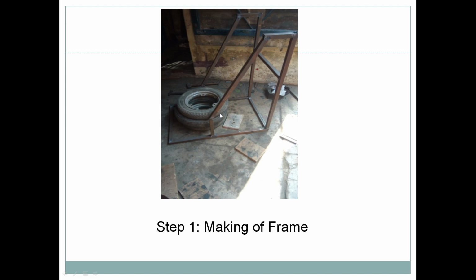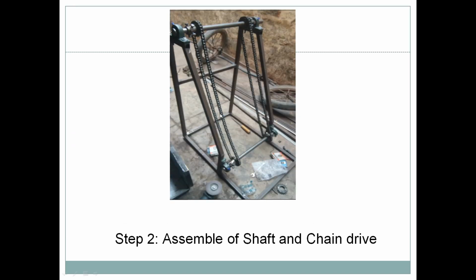Now, assembly of the shaft and chain. This picture was clicked when I was assembling the chain drive and shaft. This was the first shaft, and this is the second shaft. You can see here one pair of ball bearings, and the second pair is here. So this is a motorcycle chain.